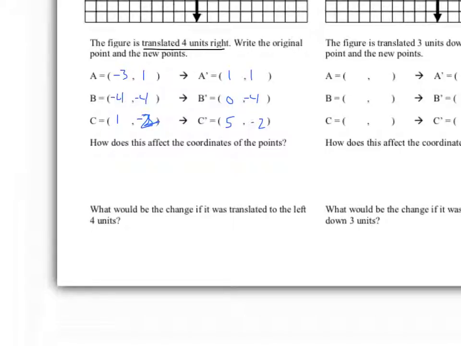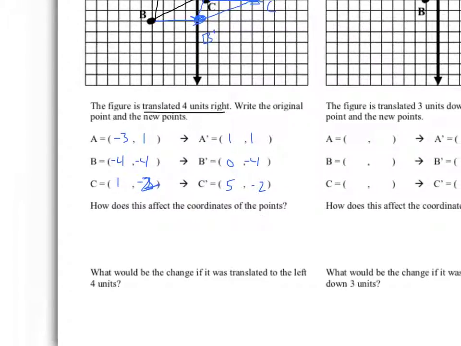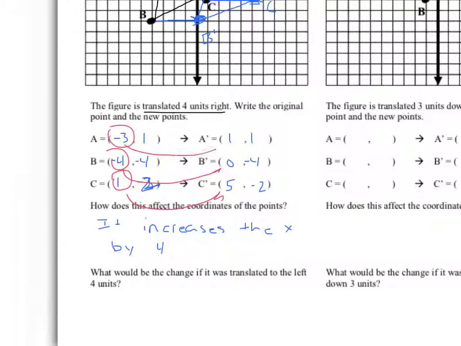So in specific, for this question, how does it affect the coordinates of the point? It increases the x by 4. So we see this is increased by 4. We see this is increased by 4. We see this is increased by 4. So the question is, what would have happened if we had moved it to the left?